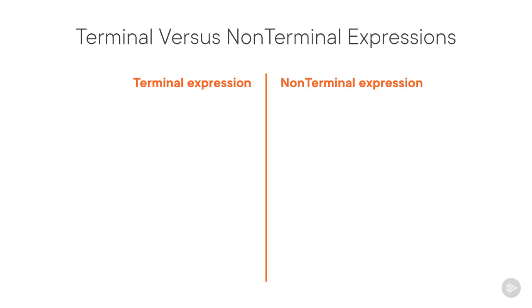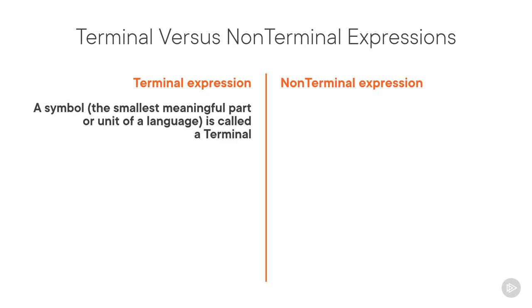It's not applicable to our example, but it's nevertheless interesting to know about. So, all language consists of symbols. A symbol is the smallest meaningful part or unit of a language. For example, a word, a number, an operator, things like that. These symbols are called terminals, implemented through a terminal expression.